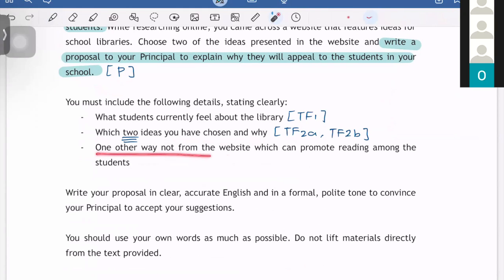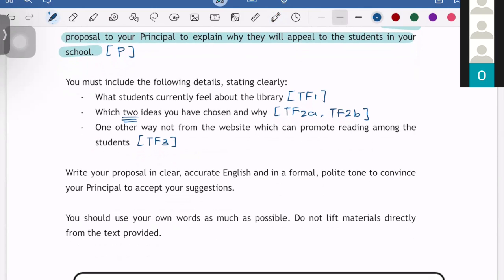Lastly, one other way that is not from the website that can help promote reading among the students. This is your last task fulfillment 3. Make sure you're writing in formal, polite tone. So that's your tone.